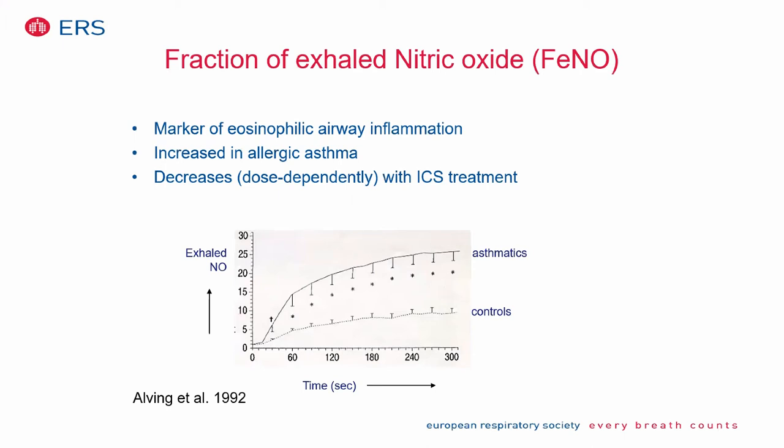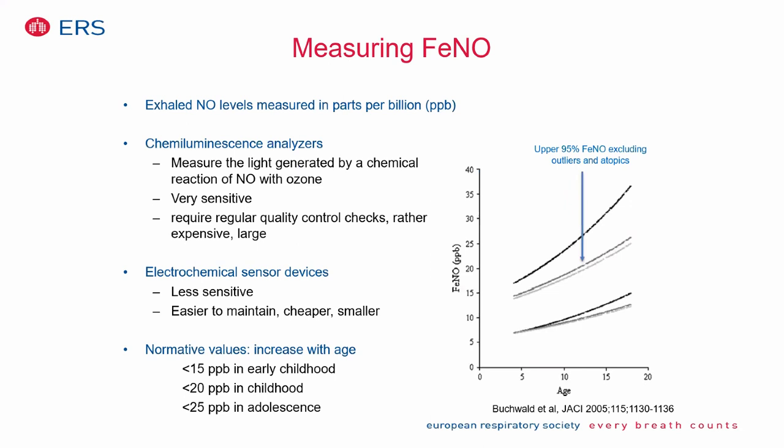Therefore, it is increased in allergic asthma, because it's an eosinophilic inflammation of the lower airways in eosinophilic, allergic asthma. And if you give inhaled steroids, it has been shown very early that the levels decrease after inhalation. And this test actually was first published or analyzed more than 20 years ago.